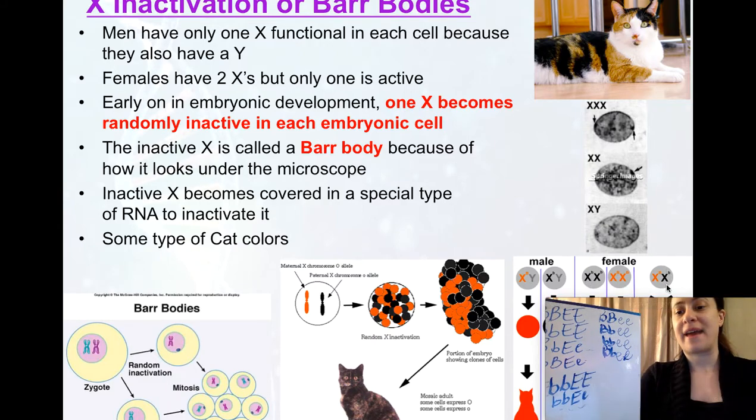But for a female that has one red and one black allele, there's this random expression of that allele on the X chromosome. For males, the male just has one allele because they have one X chromosome. Of course, there are exceptions with Klinefelter's, but that really is the exception, and that's not the typical case.